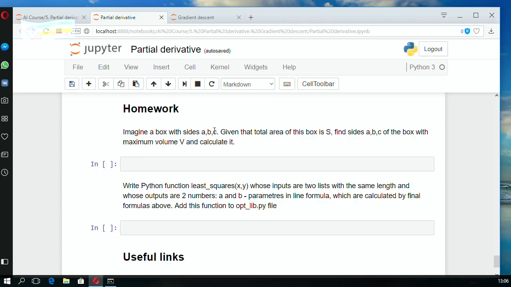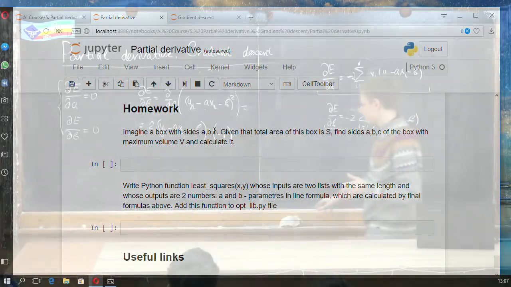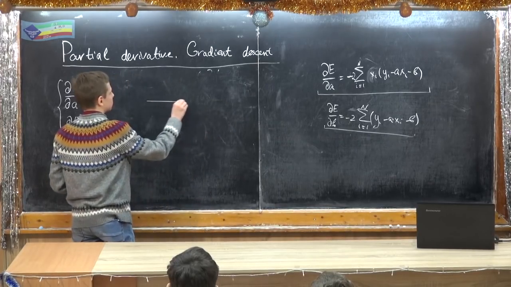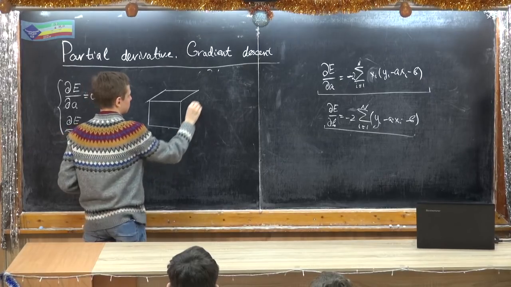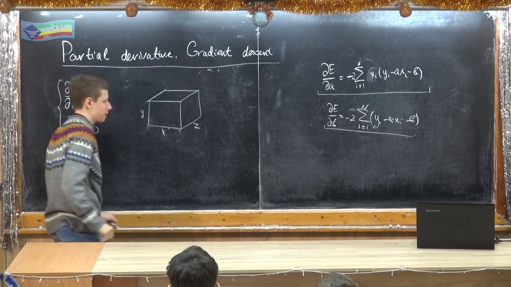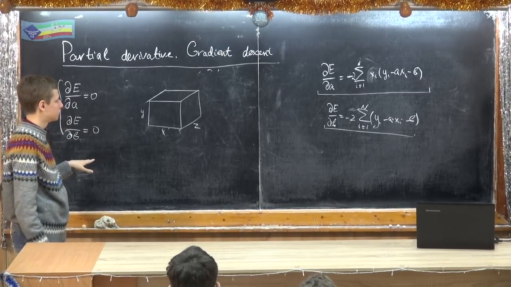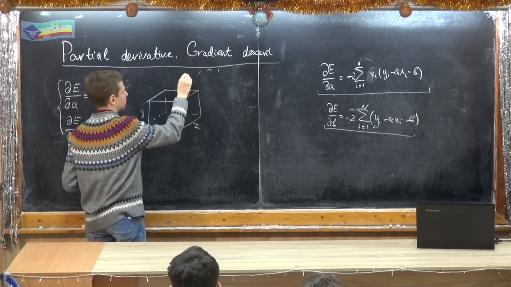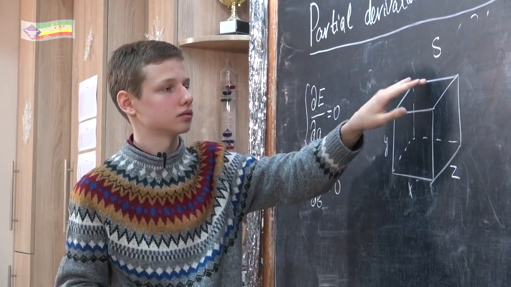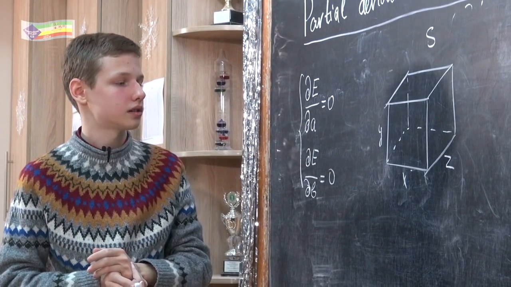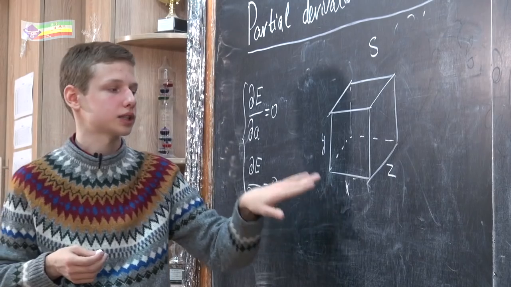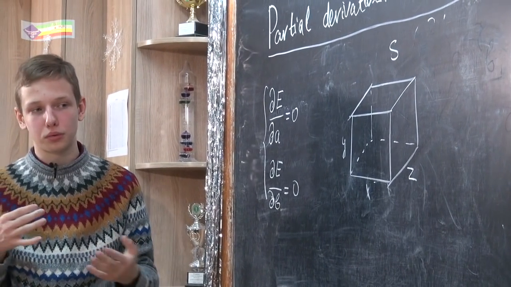Also you've got another optimization problem, which considers that you have a box whose sides are equal to x, y, and z, and you're given that the total area of this box is equal to S. The area is equal to the sum of the six faces of the box, and you need to find a box with such parameters x, y, and z where the volume of this box will be maximum.